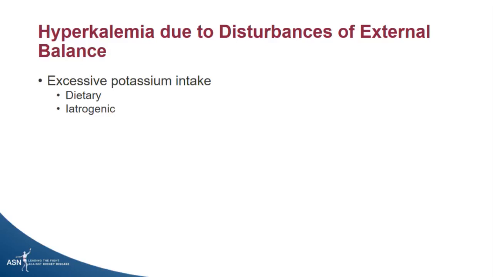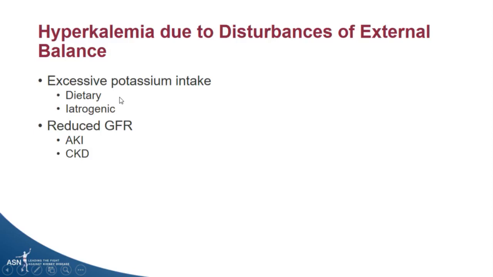We can have disturbances of external balance. Given the tremendous ability of the kidney to excrete potassium loads, it is rare that dietary intake results in hyperkalemia in the absence of some impairment of renal potassium excretion.